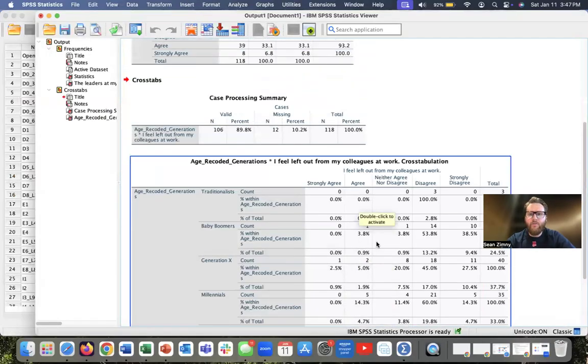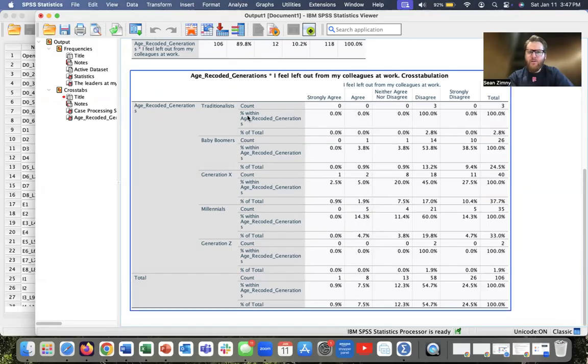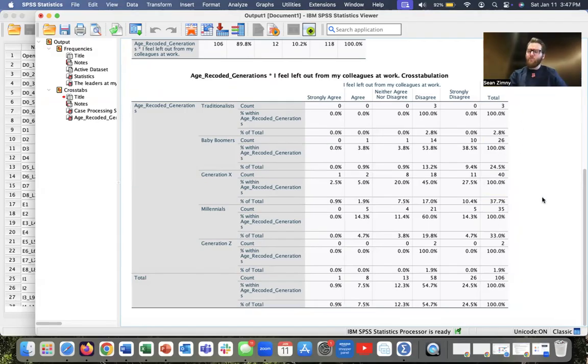All right. So I've got a cross tabulation for generations, and then "I feel left out of my colleagues at work." Now I would explain the differences here. There's not going to be tons of significant numbers in each, but just look at the percentage, because that's what I want you to be able to describe.